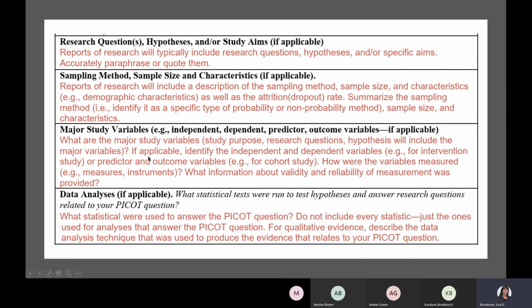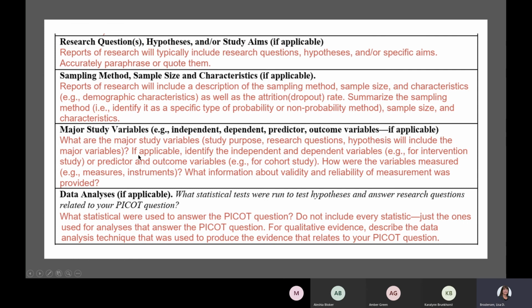Okay, major study variables then. Generally with an intervention study, you're thinking of independent and dependent variables. With cohort or case series, cohort studies, you're thinking of predictor and outcome variables.